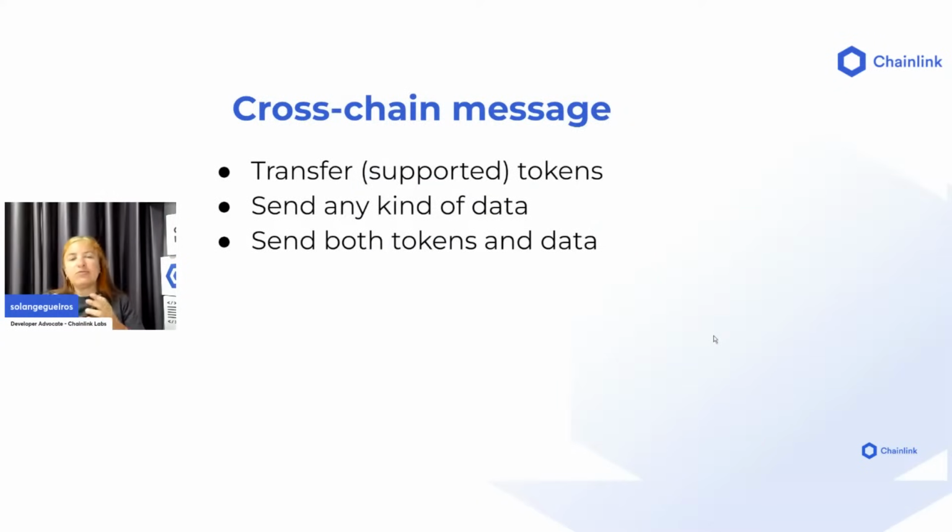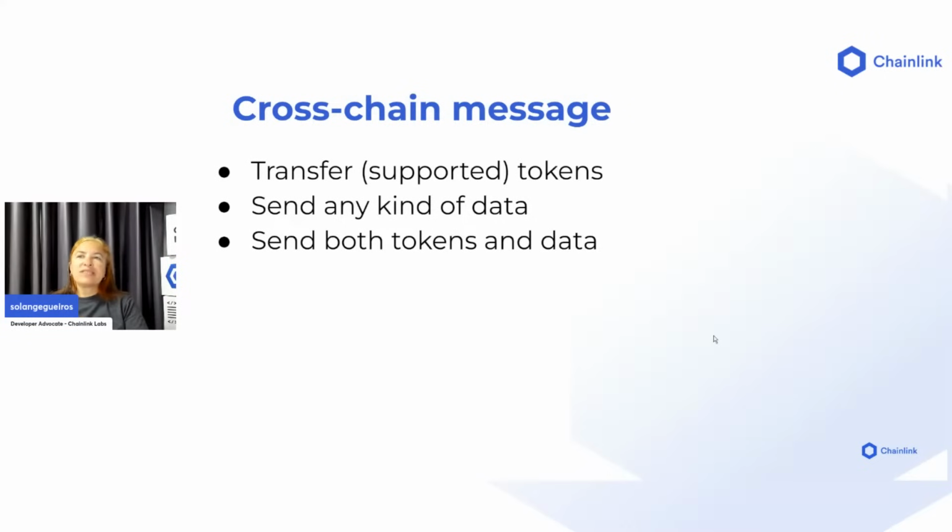When we are trying to do a cross-chain transaction using CCIP, we have a cross-chain message. And what is a cross-chain message? We can have three kinds of cross-chain messages. First, transfer tokens, the supported tokens.